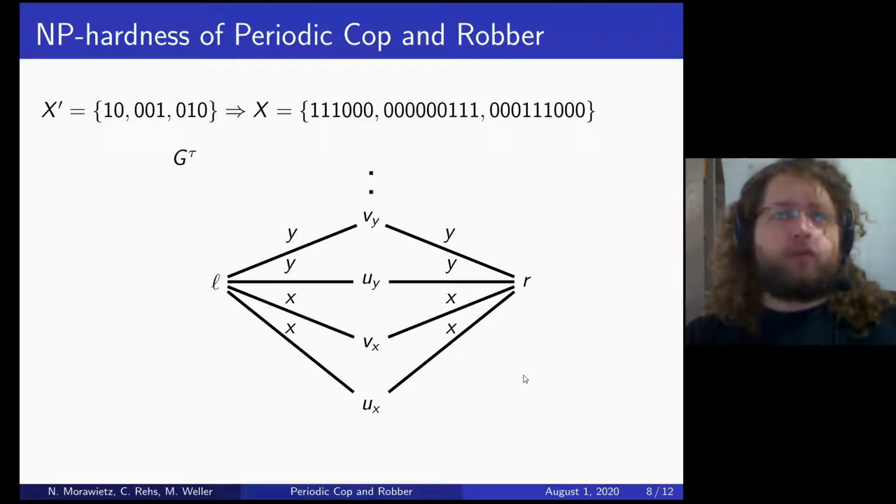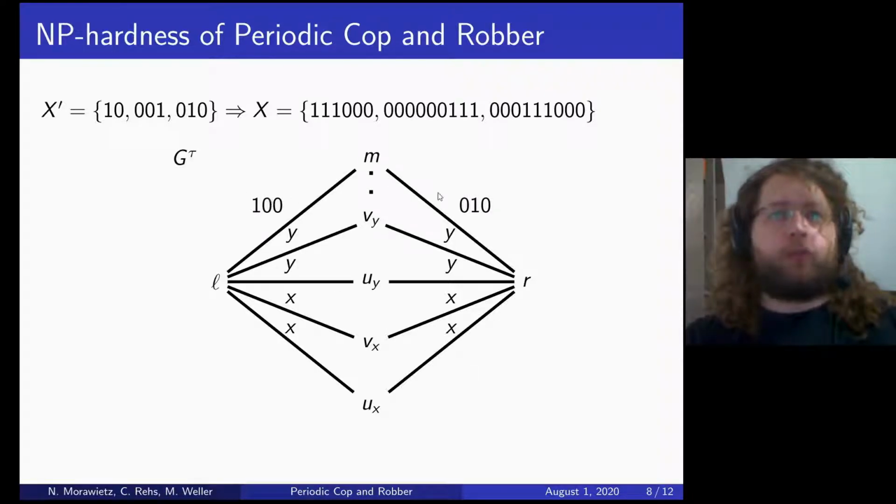And finally, we add another vertex M between L and R and label the edge with 1, 0, 0 and 0, 1, 0. And this is mainly the complete construction. And in the following, we'll show that if x is a yes instance of PFA, then we can have a cop winning strategy, and otherwise we can find a robber winning strategy.